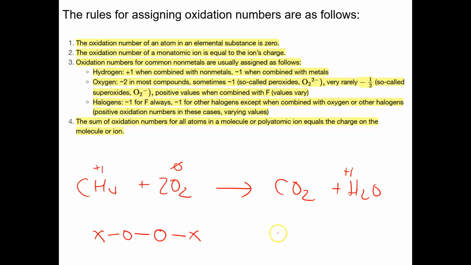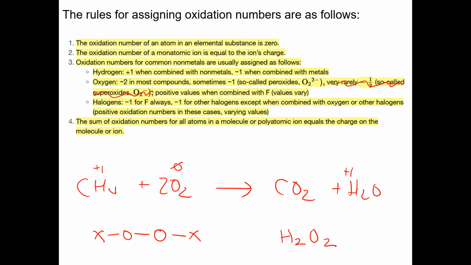The only one that you really need to be aware of is hydrogen peroxide. Very rarely -1/2, so-called superoxides. We're not going to be using that. It's so rare that it's irrelevant at this level in your chemistry education. And then positive values when combined with fluorine, and we do need to keep that in mind.